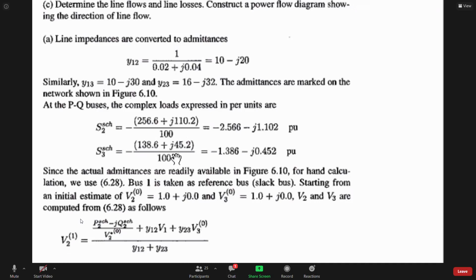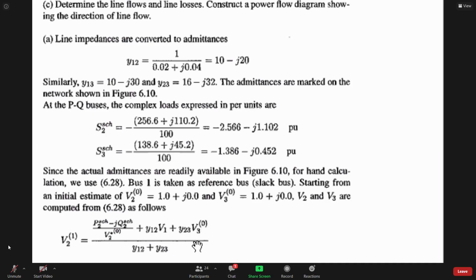These are the power information already given, converted to per unit. Then this power you have to put in here. It is the admittance information, admittance for bus 1 to 2, as well as the voltage.